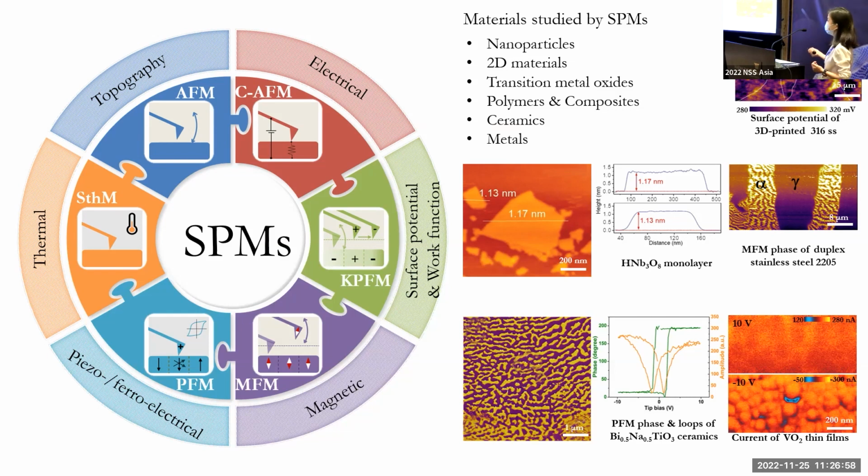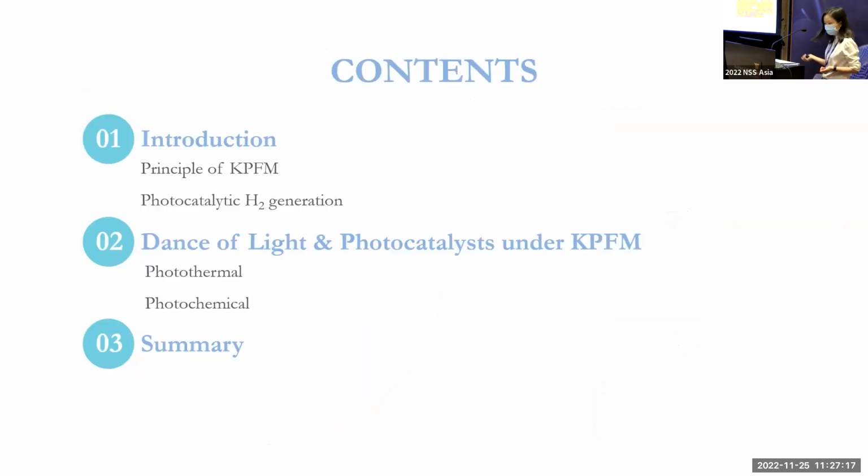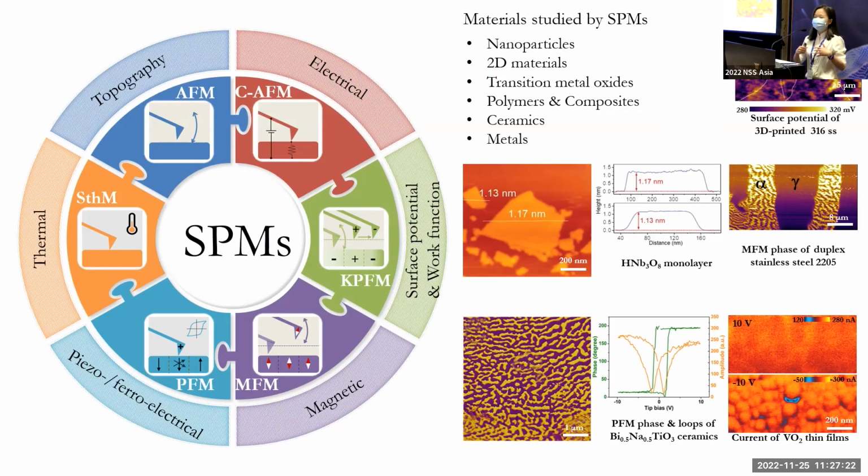And this is the application of PFM to detect the phase and also the ferroelectric switching loop. And this is the application of conductive AFM. Oh, sorry. Not finished. Okay. To some extent, I'm a proficient SPM user.